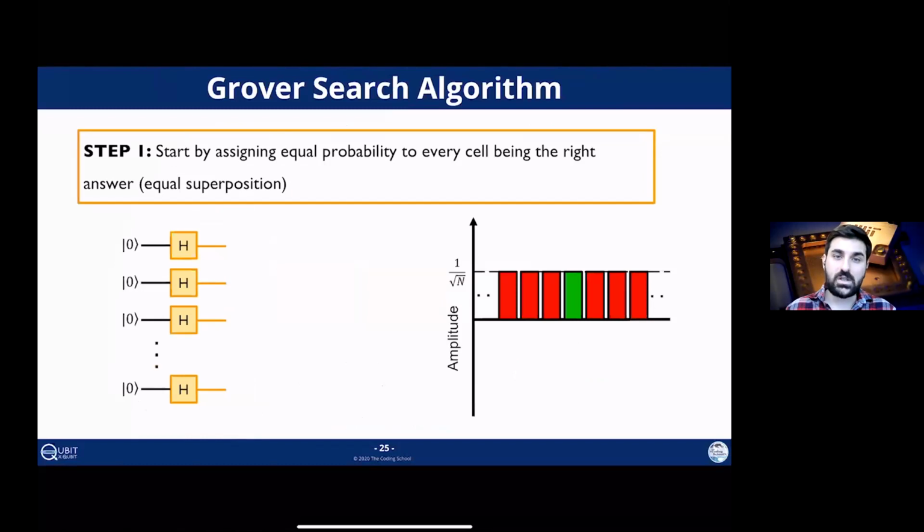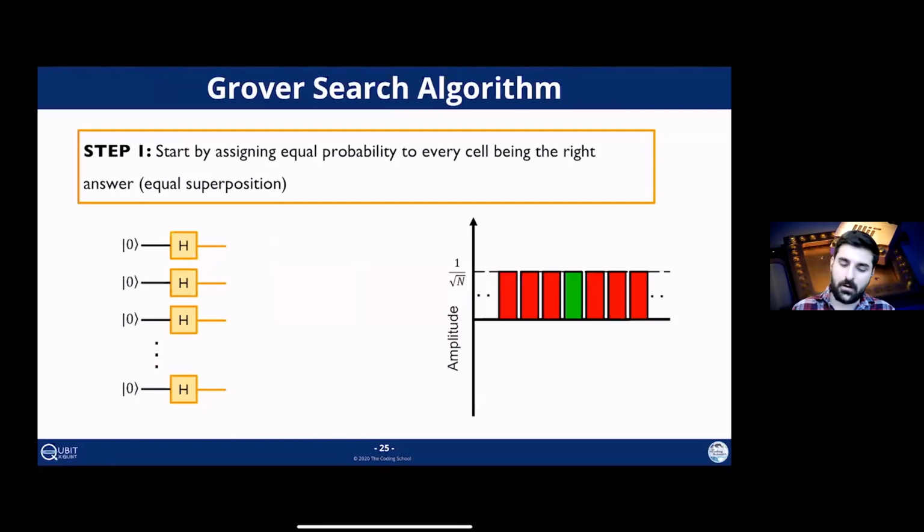So we start by assigning equal probability to every cell being the right answer, which is an equal superposition. As I mentioned earlier, we can create this equal superposition by applying a Hadamard gate to each qubit. Now, the probability amplitude that we have for each state is going to be 1 divided by square root of n.